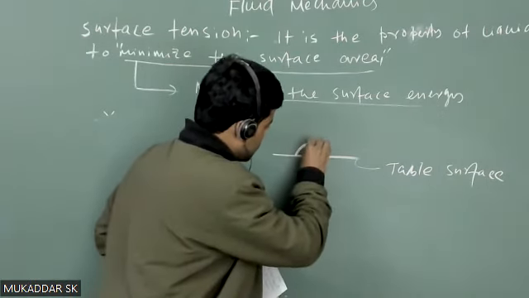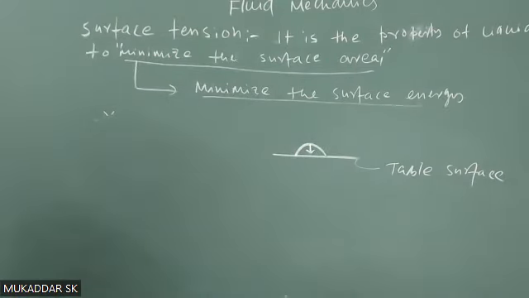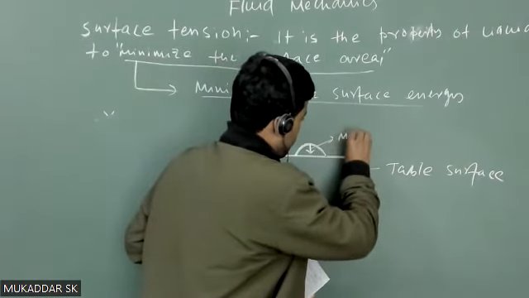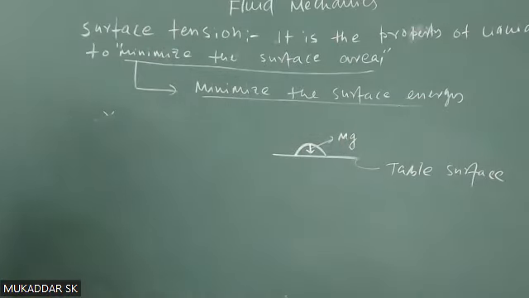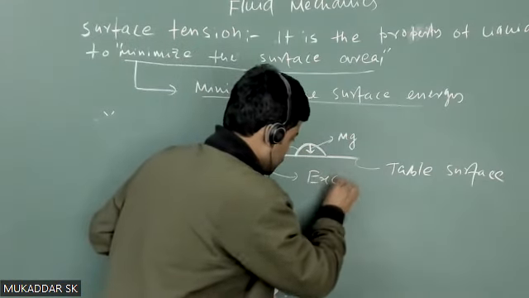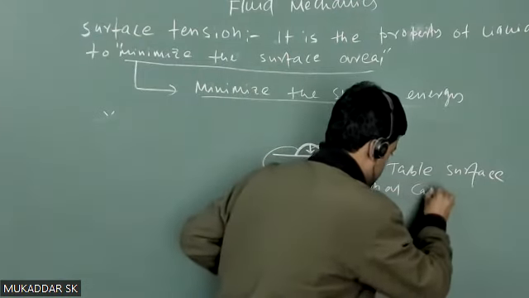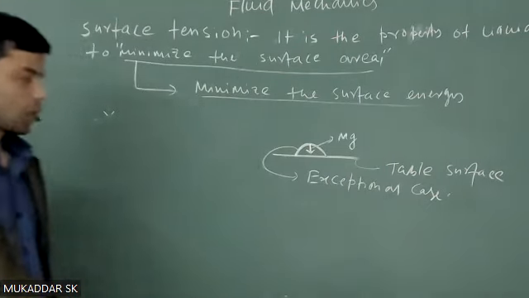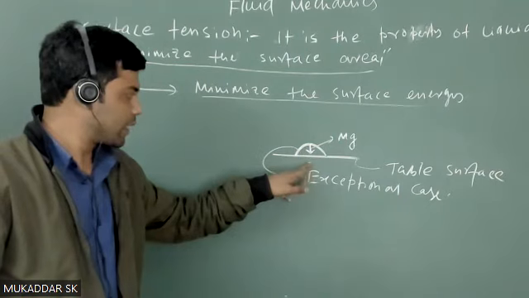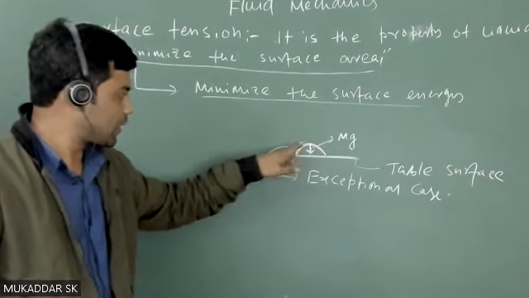Why? Because of its weight, mg, acting downwards. Because of this weight, the shape is an exceptional case, because gravity actually acts downwards and deforms the shape from spherical to this.